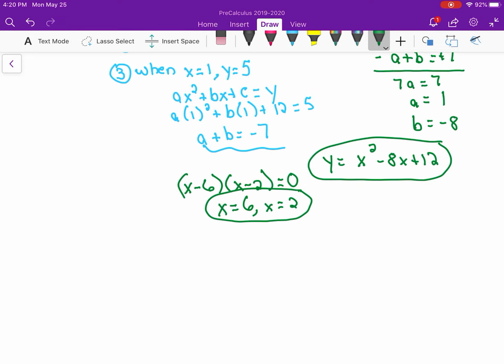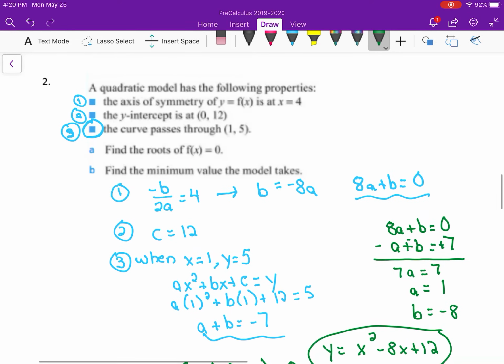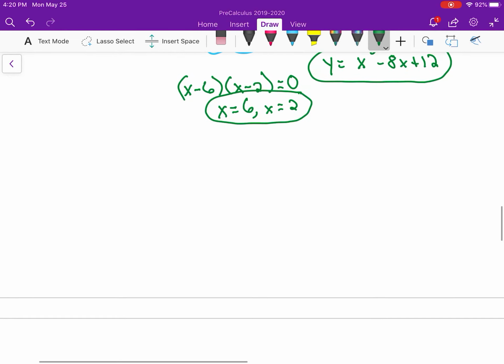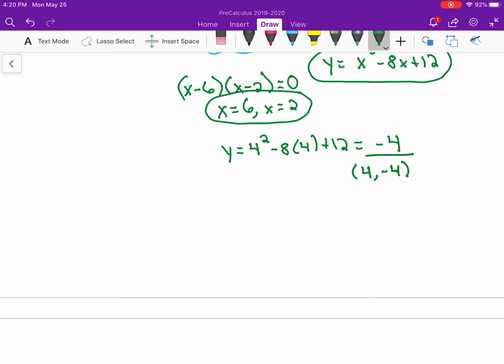Well, that just means we know that the minimum will be at the vertex, and we know the x value of the vertex is at 4. So we just plug in 4. So 4 squared minus 8 times 4 plus 12, and that equals -4. All right, so that gives you the minimum value. So when x equals 4, y is -4. So that is an ordered pair.